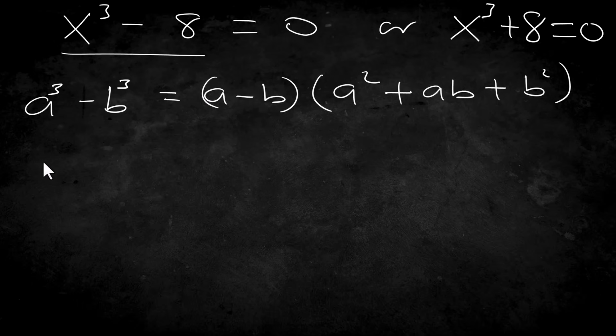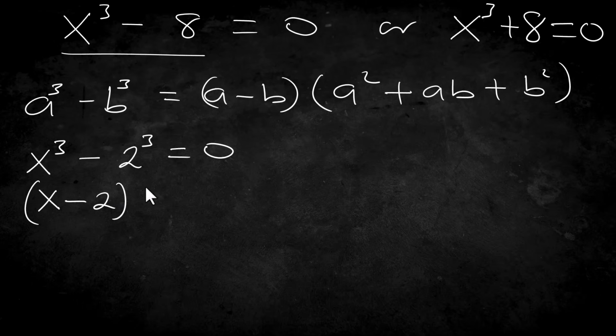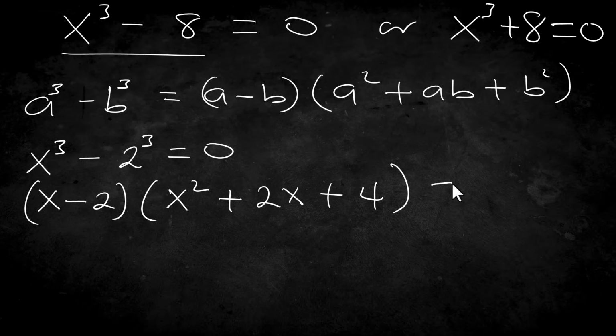So this side, x cubed minus 8, is the same as x cubed minus 2 to the power 3 equals 0. So we have (x minus 2)(x squared plus the product 2x plus 2 squared, 4) equals 0.